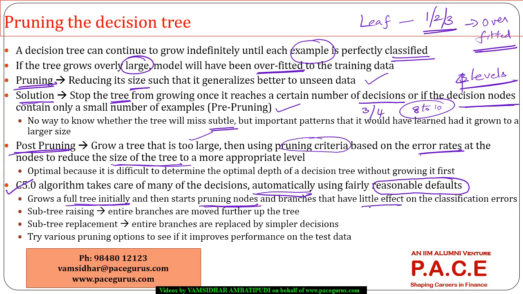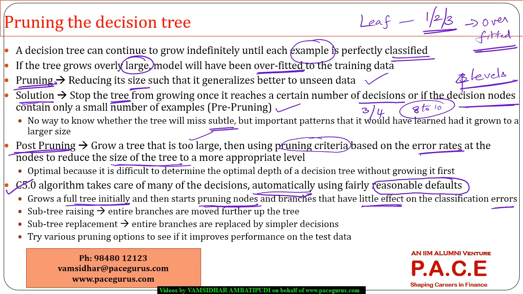If they have very little effect on the classification errors, then it starts pruning it internally itself. So it has a pruning algorithm, pruning logic that is built into it. Initially a full tree is grown, but after that, if that particular branch does not contribute much to the classification error reduction, then automatically the tree is pruned to that level.